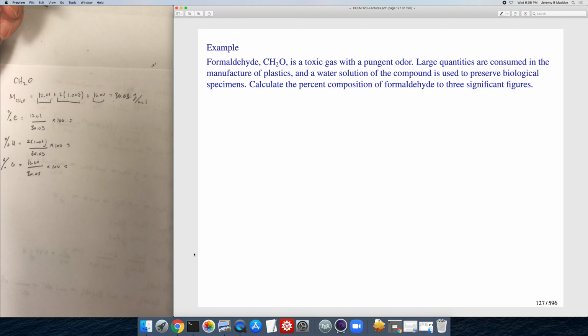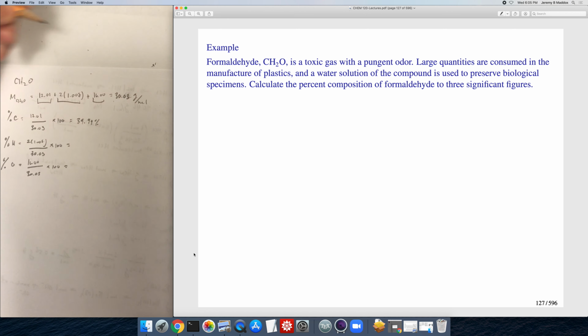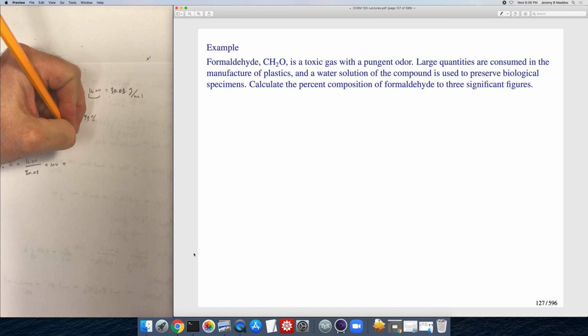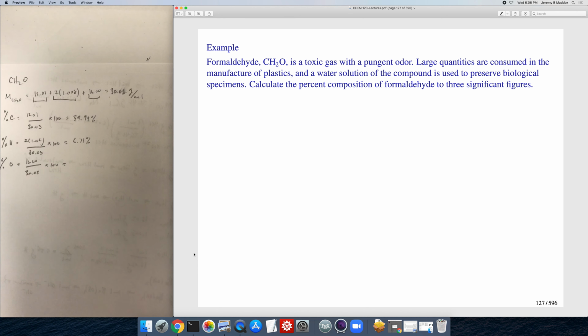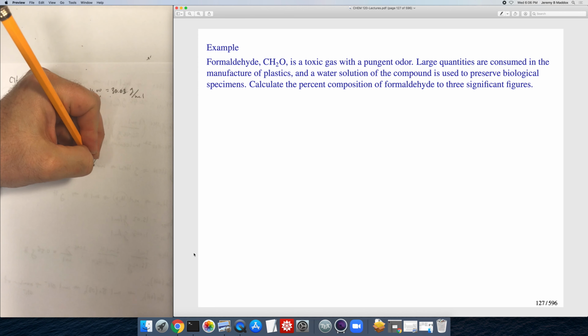So I'm getting 39.99% carbon, 6.71% hydrogen, and I'm getting 53.28% for the oxygen.